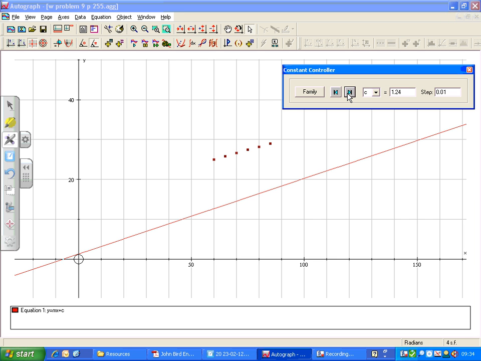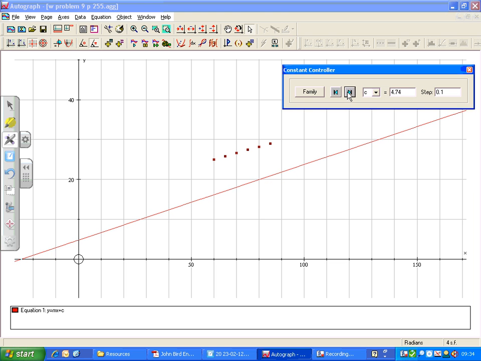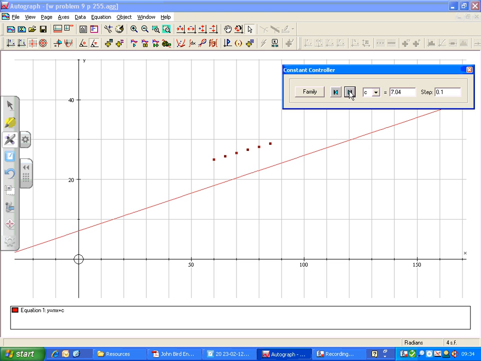Let's change the step size a bit bigger. Here we go. Come on. You can get it. Here it comes. Like playing a computer game.